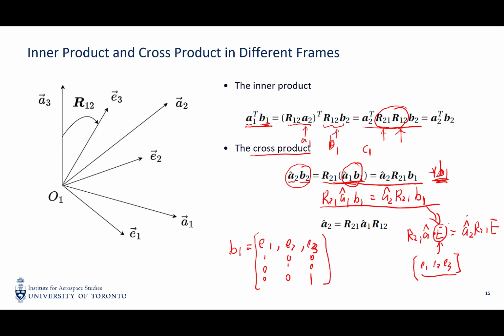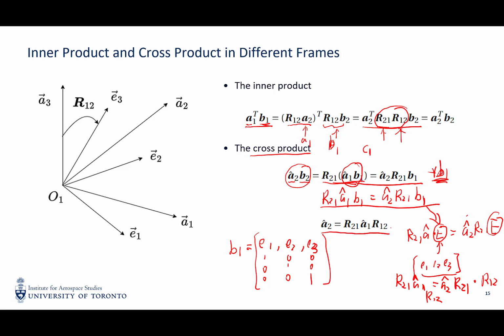Because this one is an identity matrix, it means that the above equation is equal to R21 A1 hat equals A2 hat R21. And then finally, if we multiply the rotation matrix R12 on each side, we will get the final form.